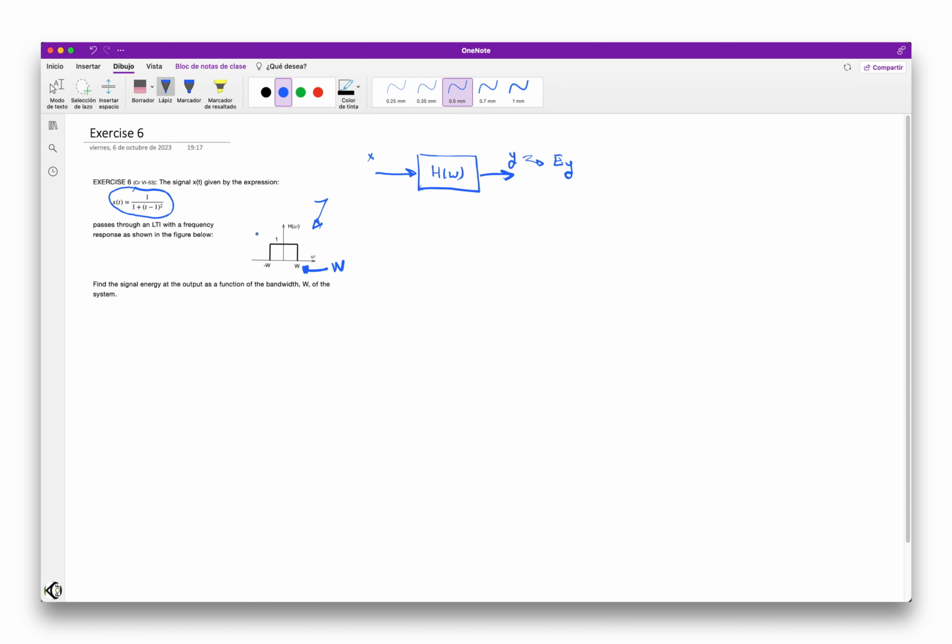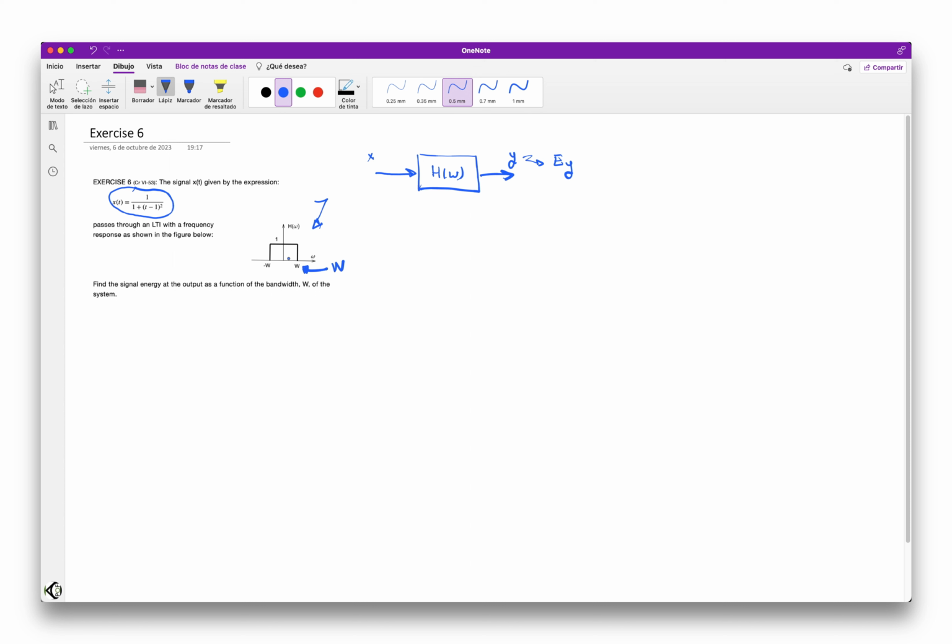By the way, this is a filter because it filters the input into the output, and the type of filter in this case is a low pass filter because, as you can see from the plot of its magnitude, it only allows the low frequencies, the frequencies between 0 and a maximum of W, capital W, to pass through the filter.